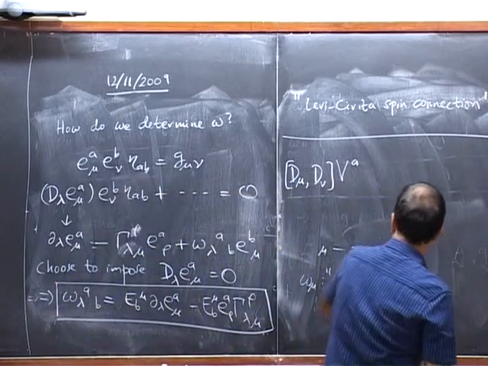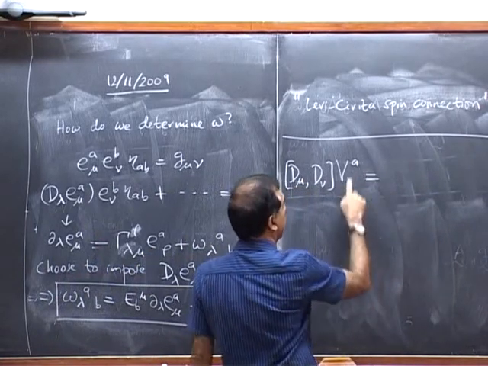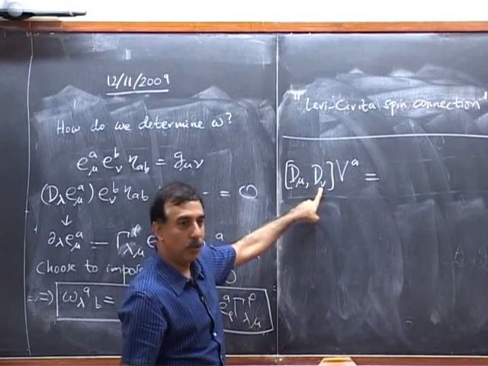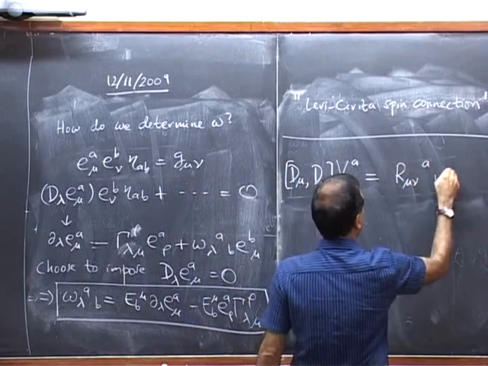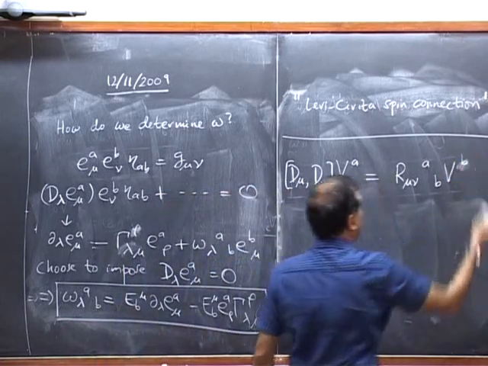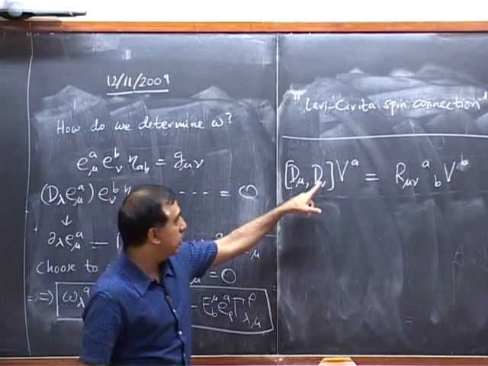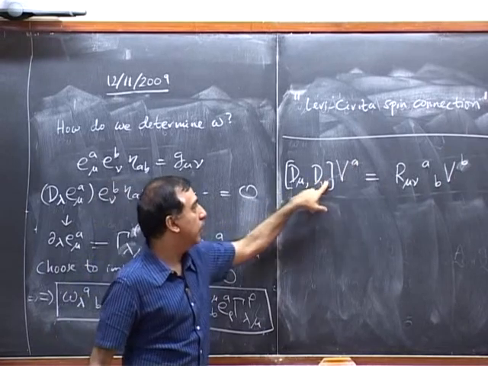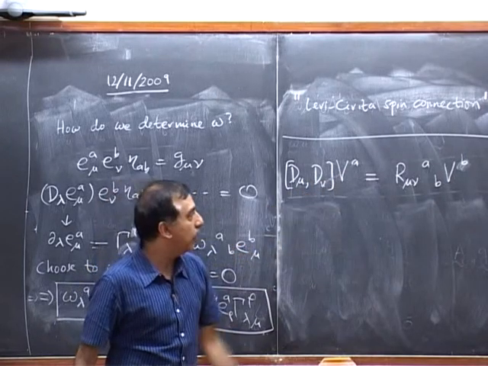Whatever we get, we know from covariant derivatives that the answer is typically a rotation of this, but the rotation is parameterized by these two indices, so we'll have to call it R mu nu A B on V A or V B. And the computation is very simple because I've already told you how to define D. And notice that after the first D, the second D is no more complicated. It only acts on the LLT index, where this doesn't introduce a new LLT index. So it's an easy calculation.